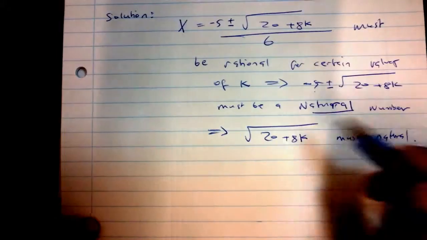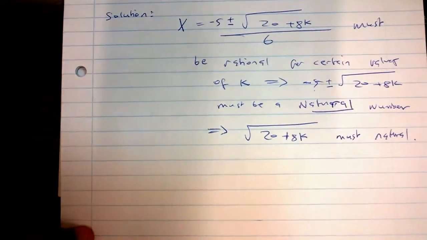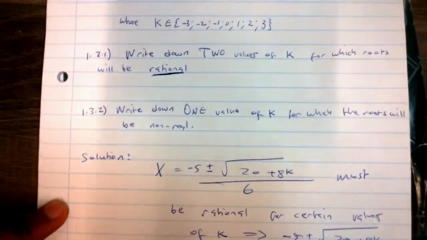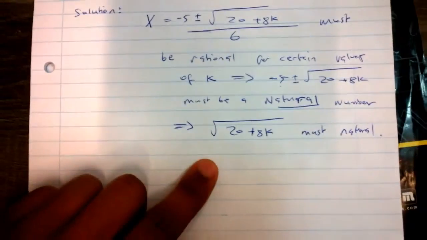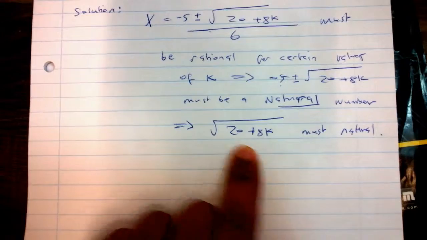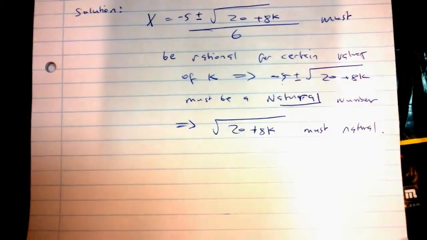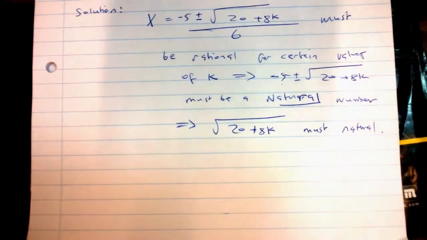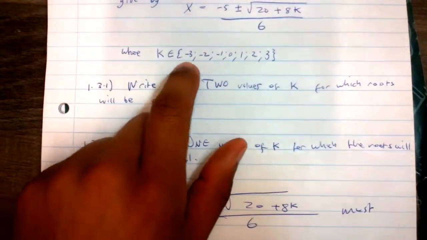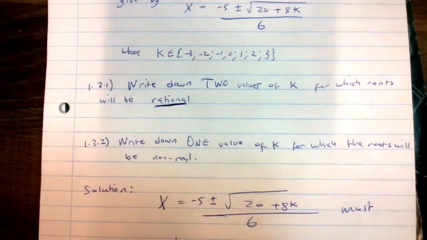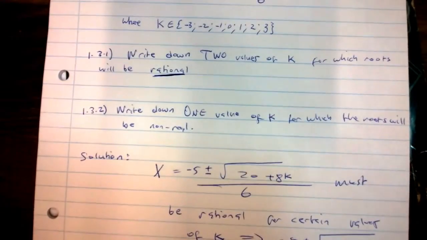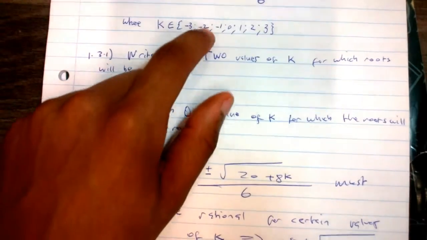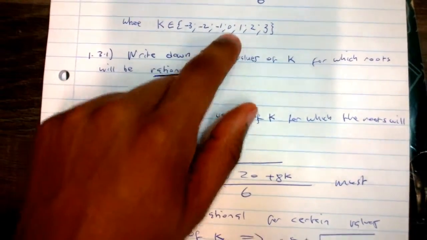So in other words, we're going to find some values of k such that this expression is a natural number. So how do we find that? It's quite simple. We're just going to plug in all of these values and see if this expression is a natural number. So you're given the values of k: -3, -2, -1, 0, 1, 2, 3.